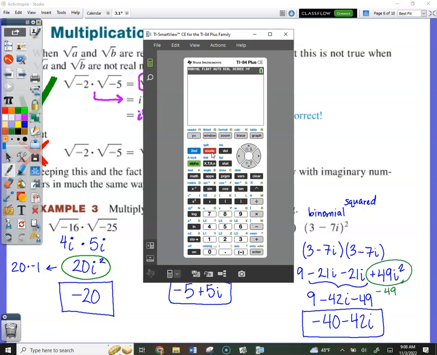You see where real is highlighted? You see right next to it, a plus bi? You can tell the calculator to go to imaginary mode. You have to enter it so it'll stay on it. Then you get out of this, so second quit.